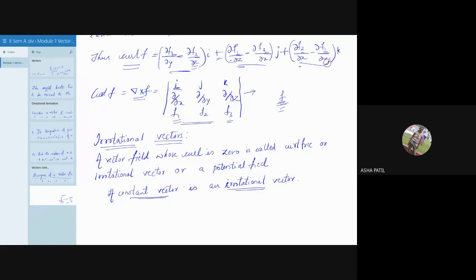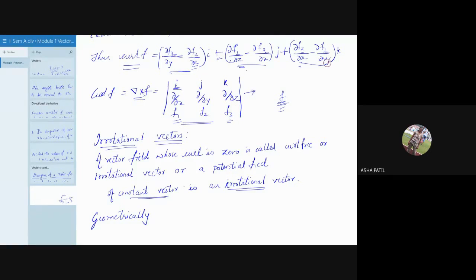What are solenoidal vectors? Those whose divergence is 0. That is, del dot F is 0, we call them solenoidal. Del cross F is 0, then we call it irrotational.